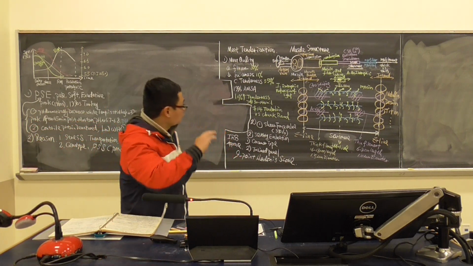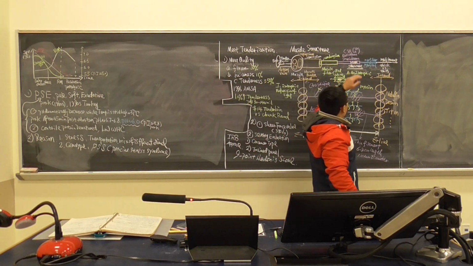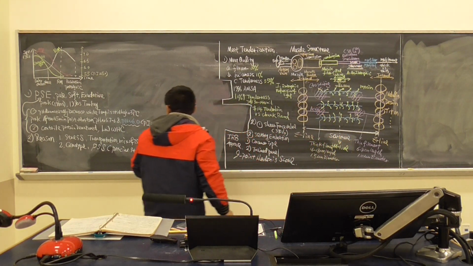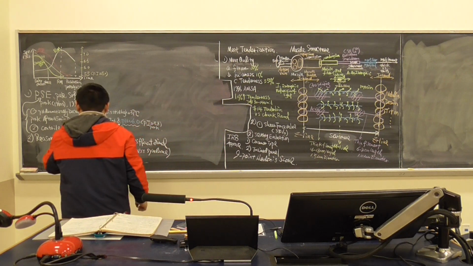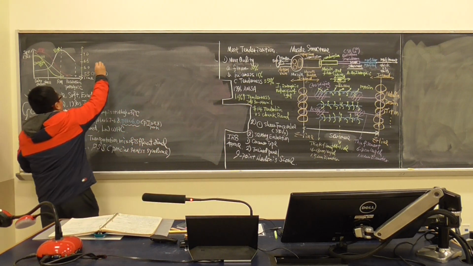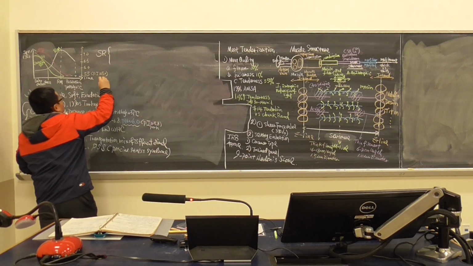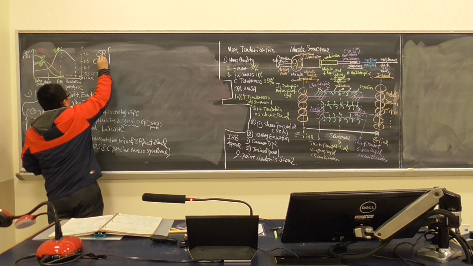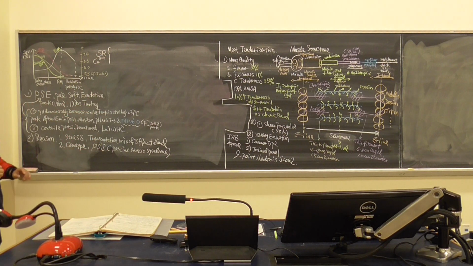So this needs to go back to the sarcoplasmic reticulum. Okay, so we could draw it right here. The sarcoplasmic reticulum, we know it's related to calcium release and resorption.